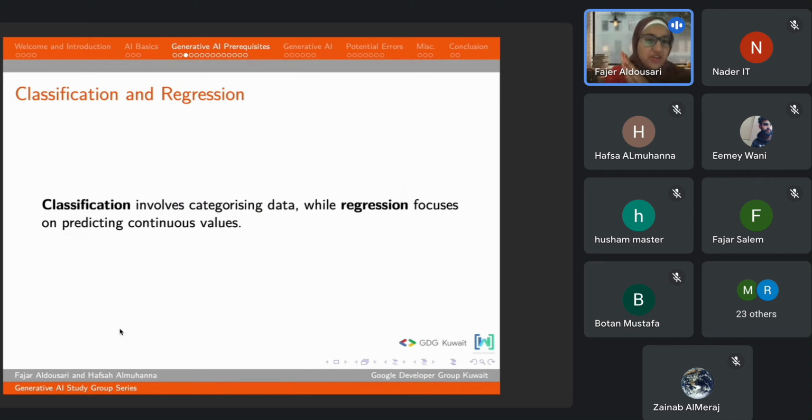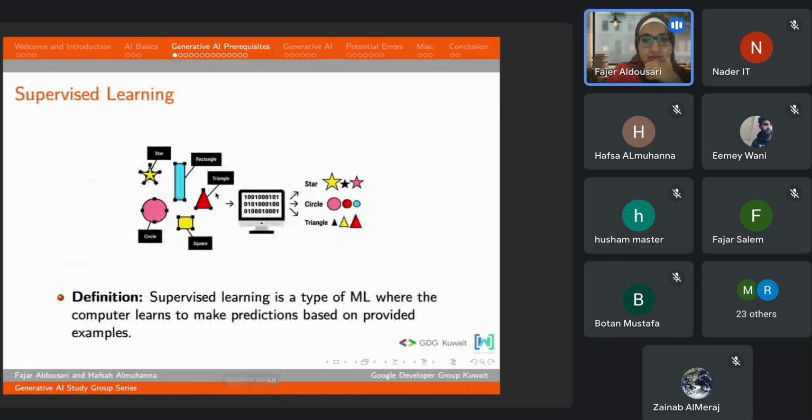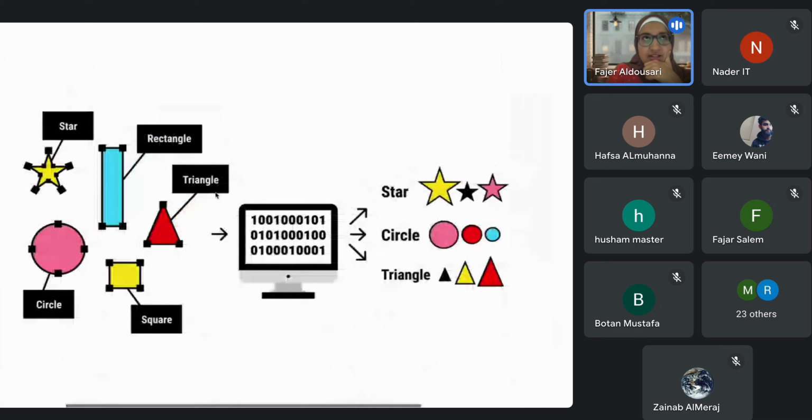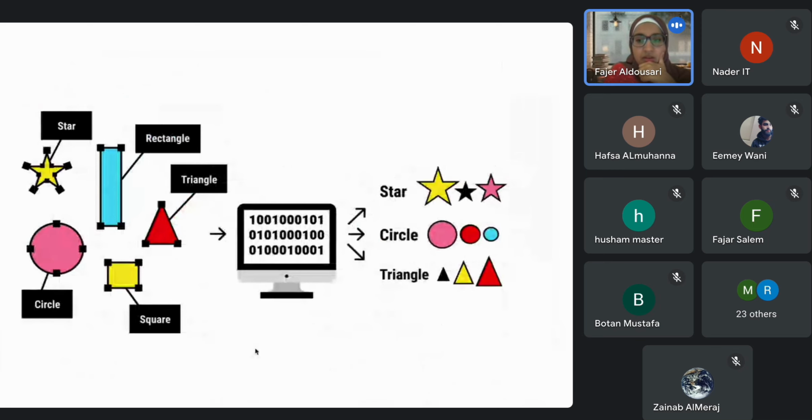Two important terms are classification and regression. Classification usually involves non-numerical data, but not necessarily. It's when the output of your algorithm is not numerical, when you categorize data. Going back to this example, this can be defined as a classification program.